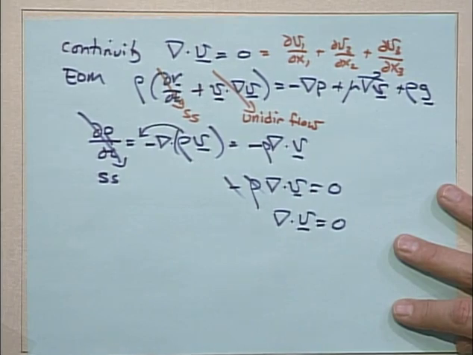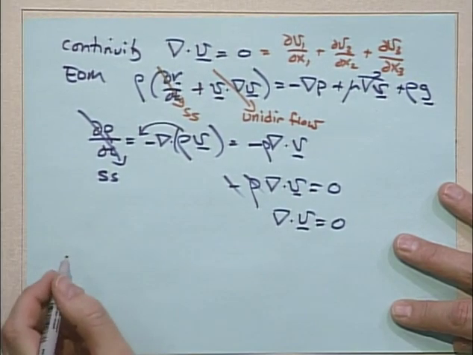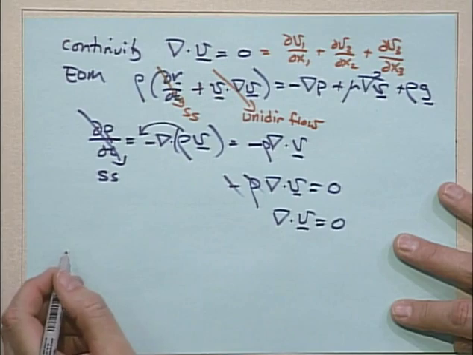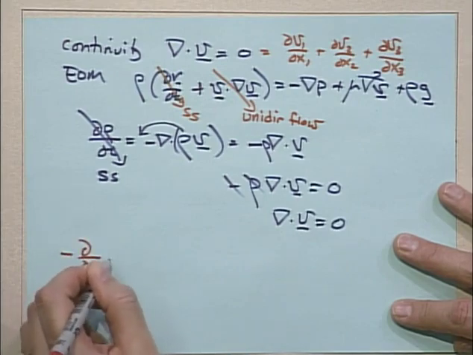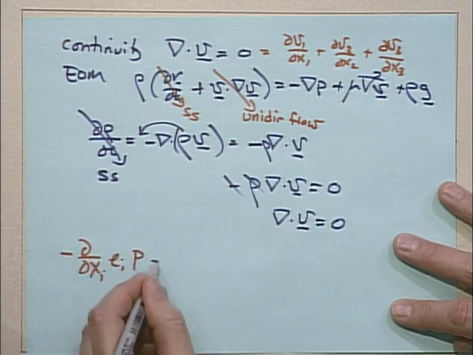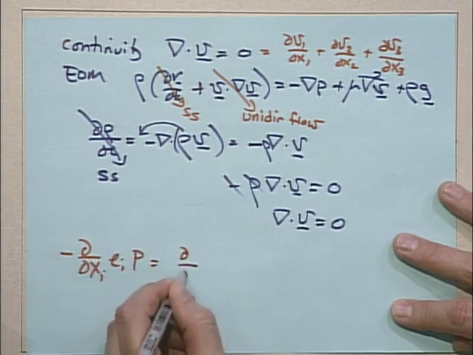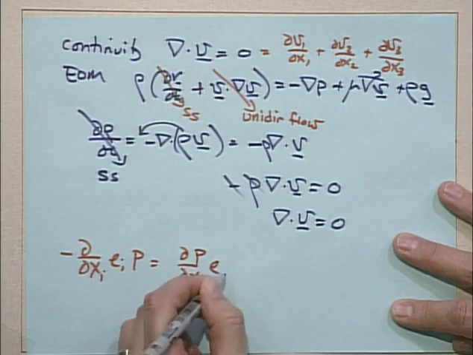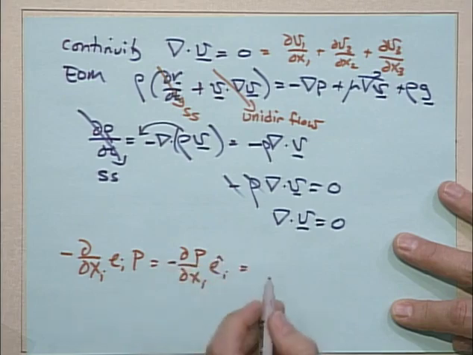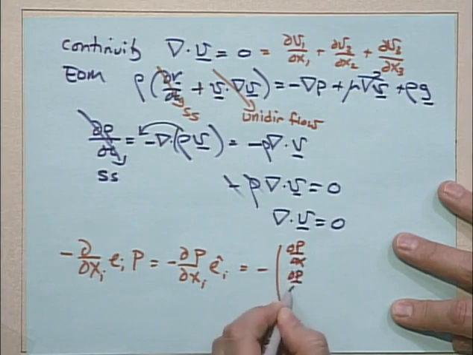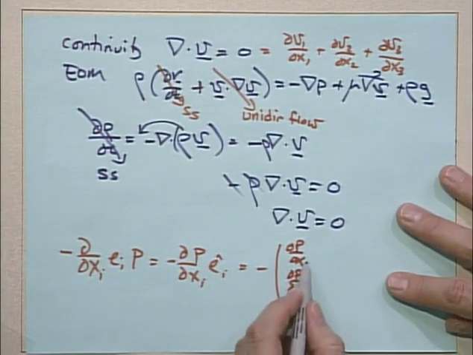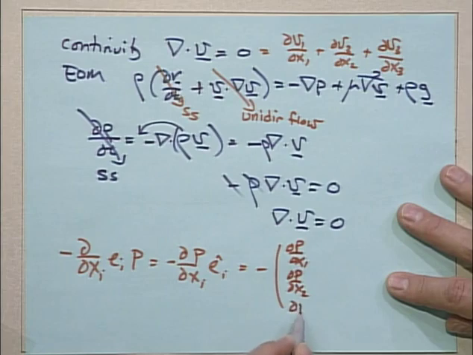Expand del P. D by dxi P ei. dp dx1, dp dx2, dp dx3.